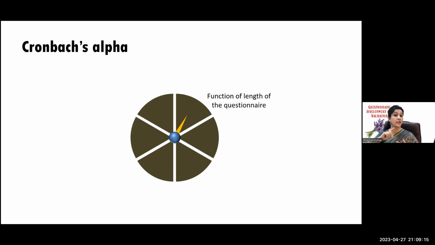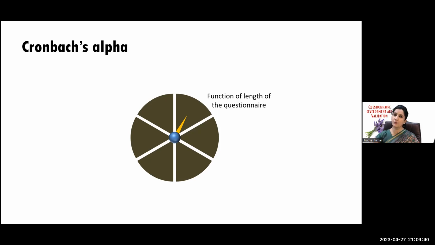It is not in a linear form. Initially, there is a sharp increase if you increase the items from 2 to 8. Then there is again a steady increase from 10 to 30 and 30 to 40. But after 40, there is a kind of plateau. So this statement says that Cronbach alpha is a function of the length of the questionnaire.